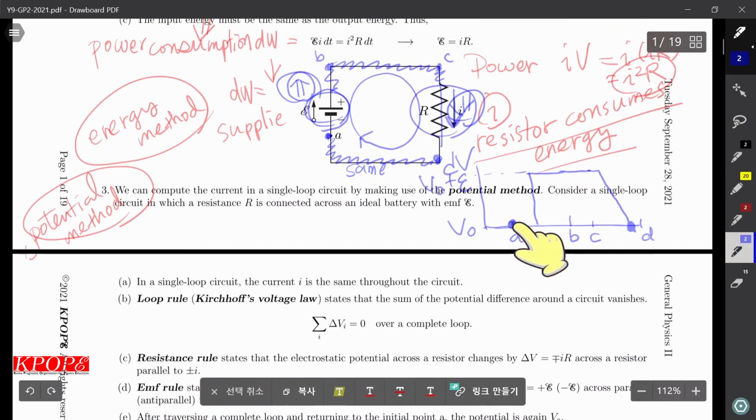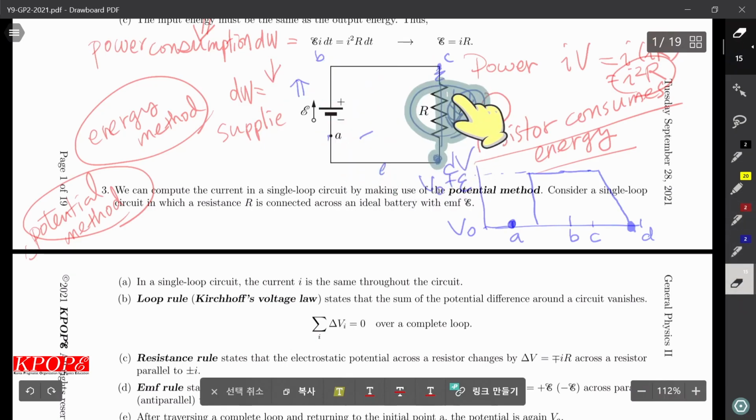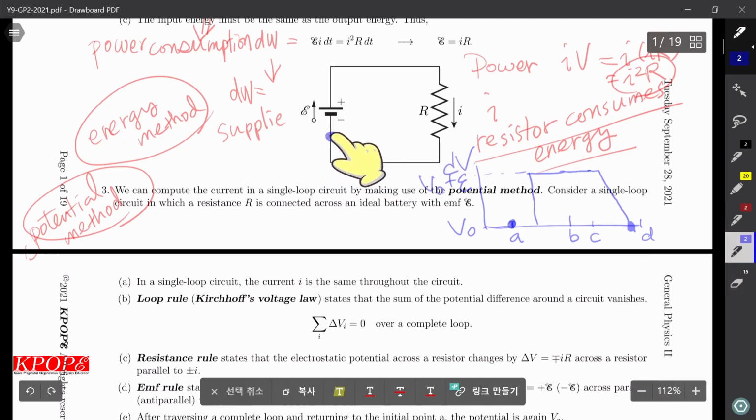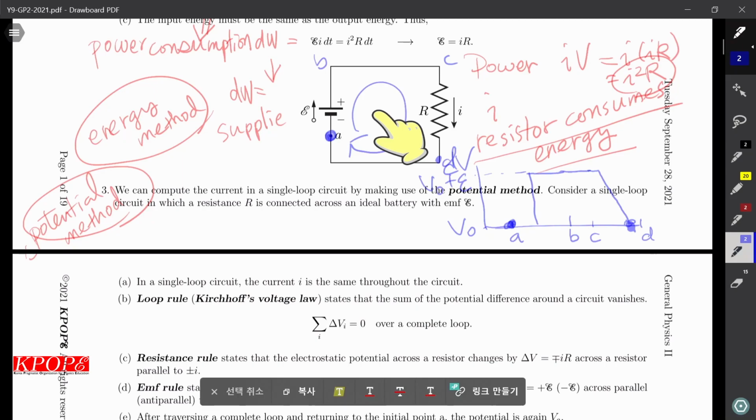Anyway, when you make a complete loop, the potential at this point should be the same after we return to the same point. A, B, C, D: D is actually the same as A. So when you return to complete the loop, the potential is invariant.